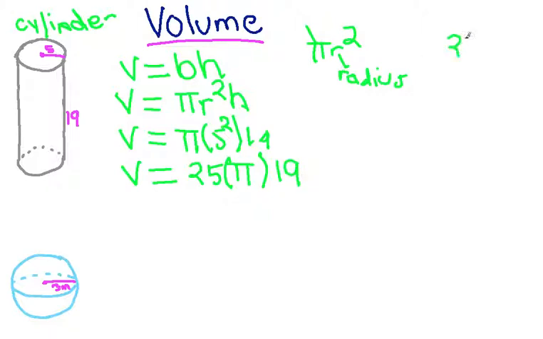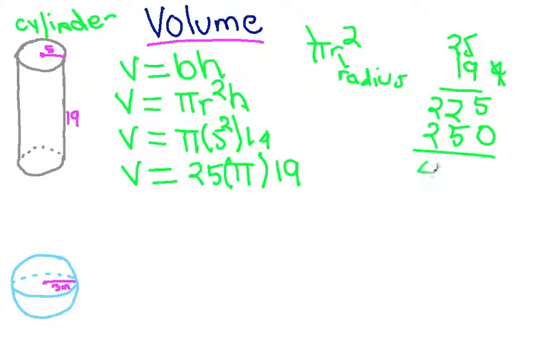Well, 25 times 19: 9 times 5 is 45. 9 times 2 is 18, plus 4 is 22. So the answer is 475.